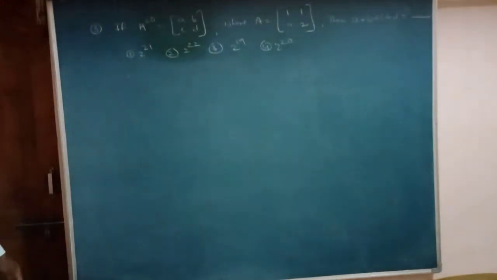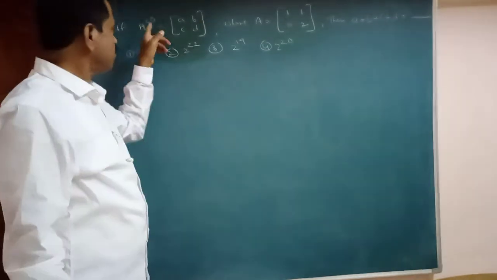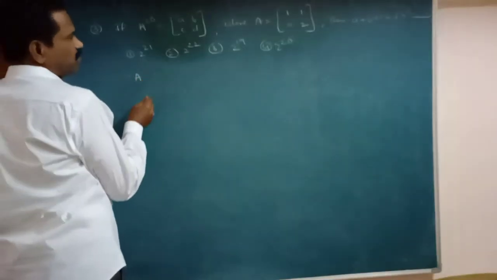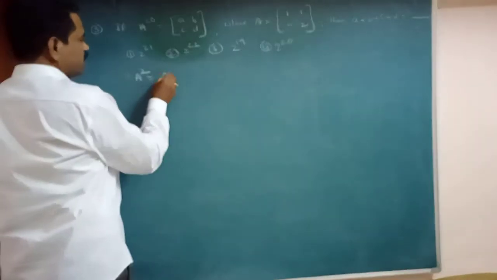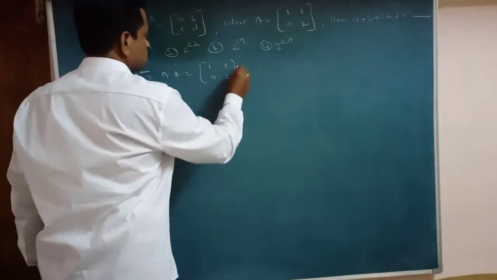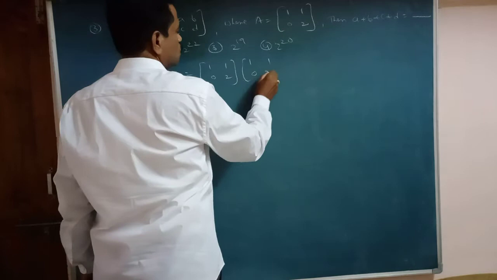Right. Here A power 20 is asked. First, A equal to 1 1 0 2. Next, A square I am taking as A into A, that is 1 1 0 2 times 1 1 0 2.